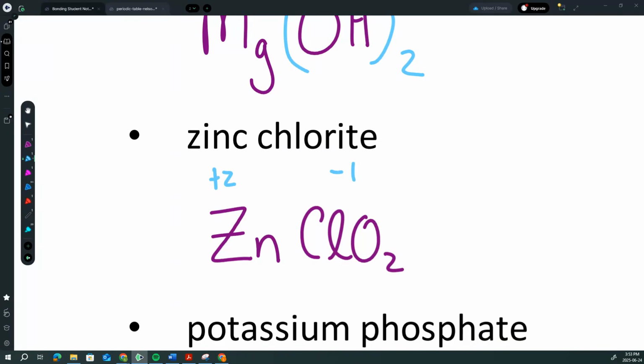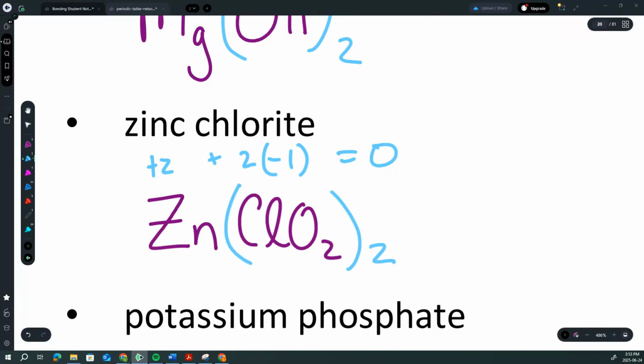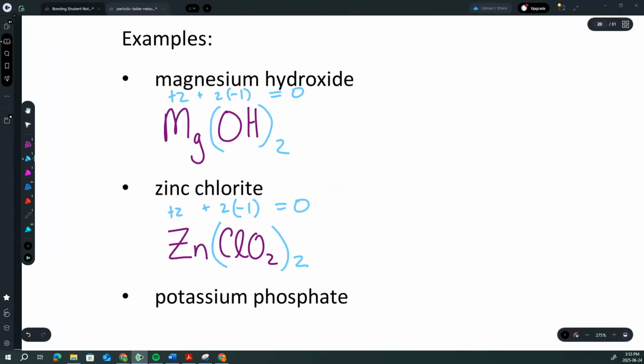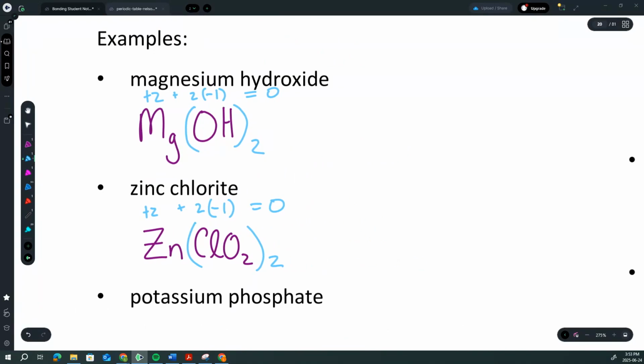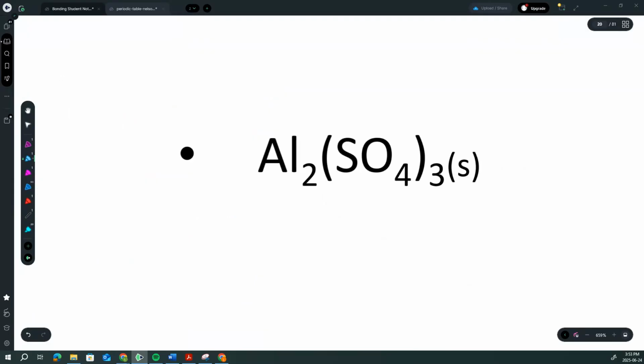Chlorite likes to have a minus 1 charge. We got to do crisscross applesauce because 2 minus 1 does not equal 0. So now this does equal 0. So we're all good on that. Okay. Moving on to this.